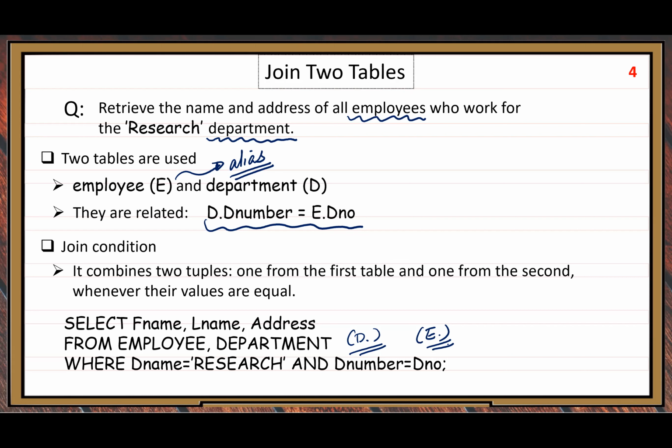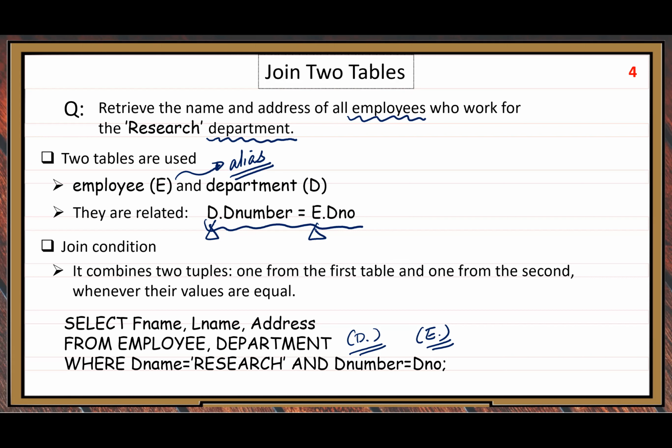But later you will see, even if we do not have to type the aliases, for better readability most programmers like to put aliases. You know, those fields come from what tables?